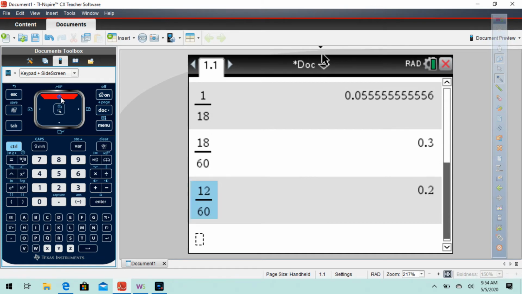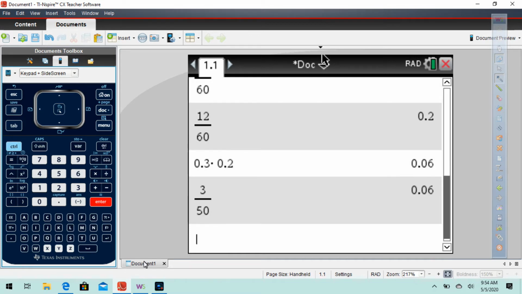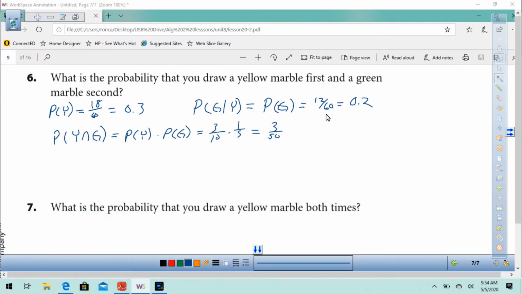I can do it like this: 3 divided by 50 equals 0.06.